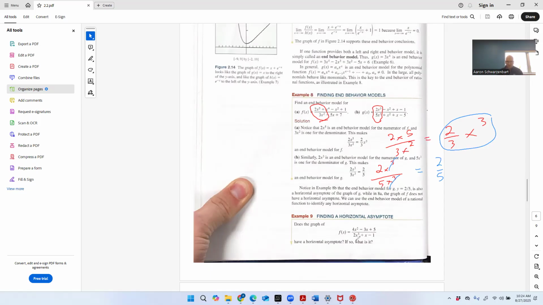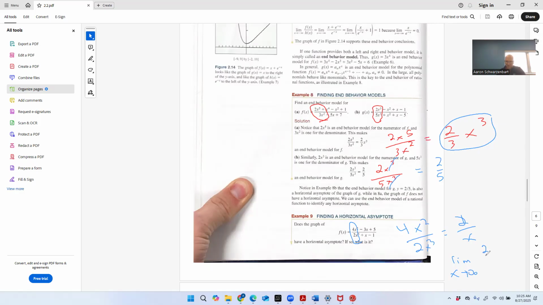This one, 4x squared over 2x cubed. So that reduces to 2 over x. If I'm looking at the horizontal asymptote, I can do infinity or negative infinity.